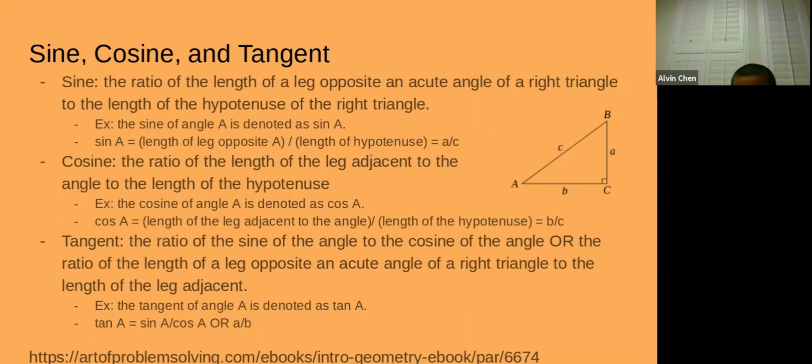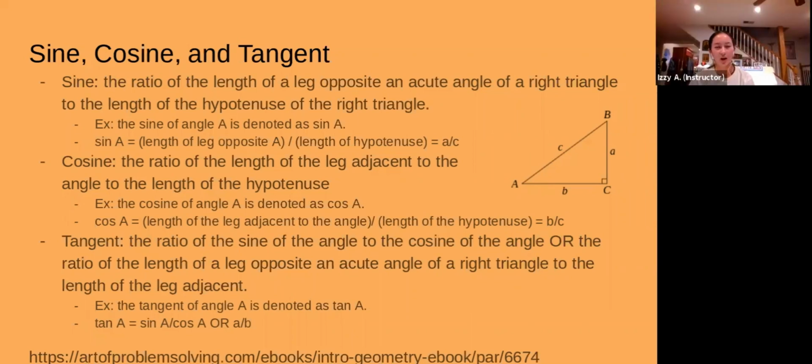Okay, so sine is the ratio of the length of a leg opposite an acute angle of a right triangle to the length of the hypotenuse of the right triangle.